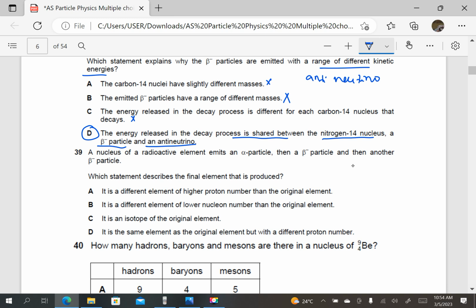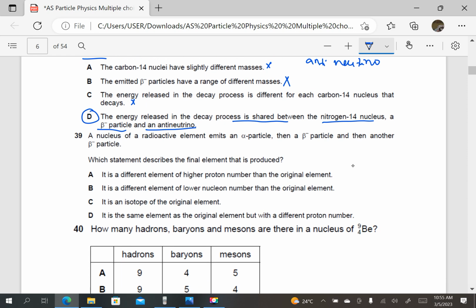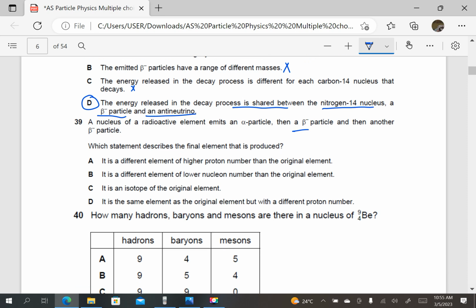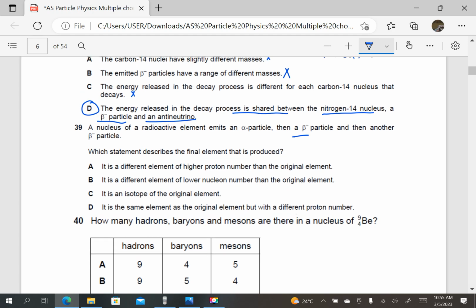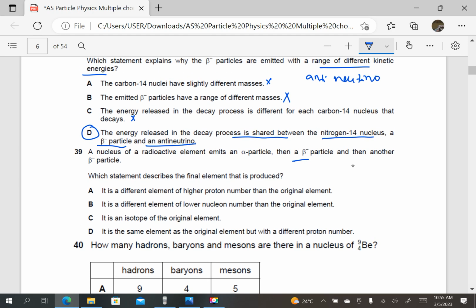A nucleus of a radioactive element emits an alpha particle, then a beta minus, and then another beta minus. Which statement describes the final element that is produced? Let's check. A nucleus X emits an alpha particle, so it gives Y plus alpha, which is 4,2, plus beta minus.